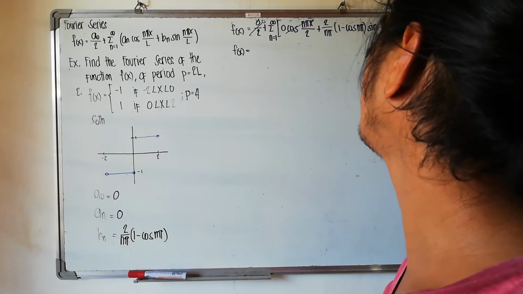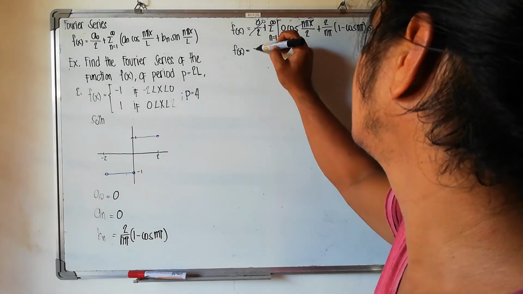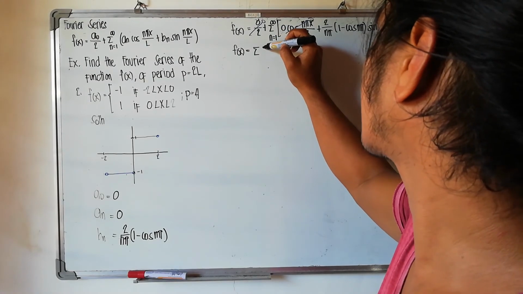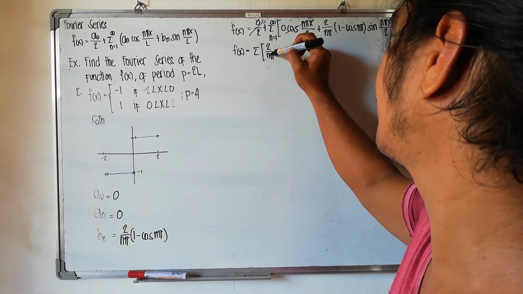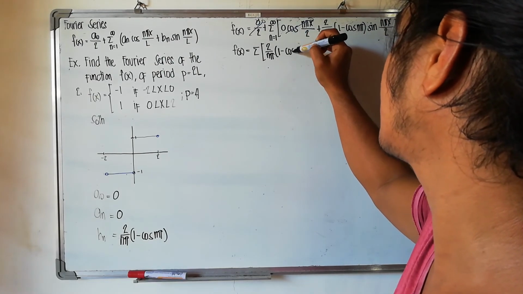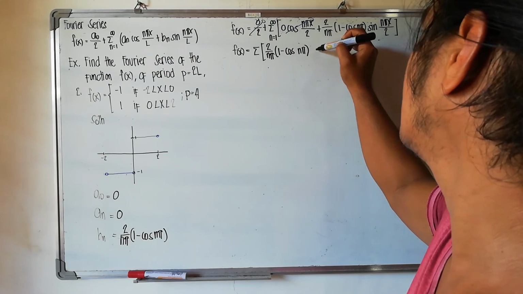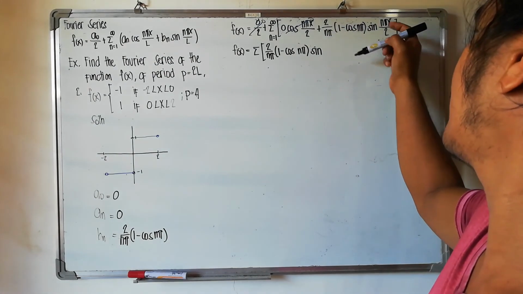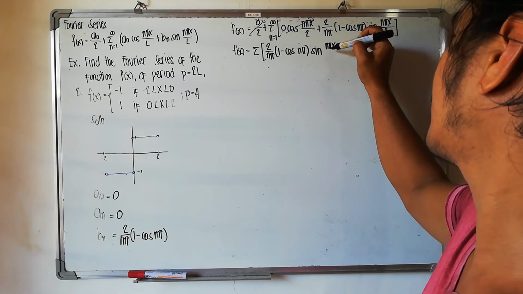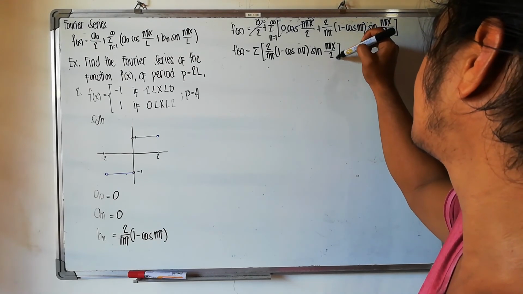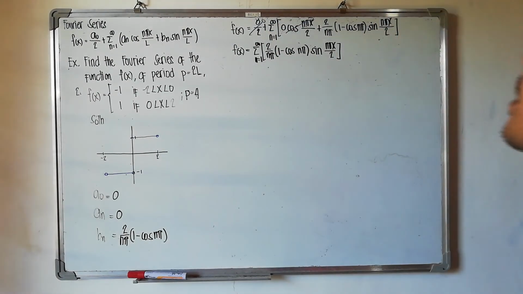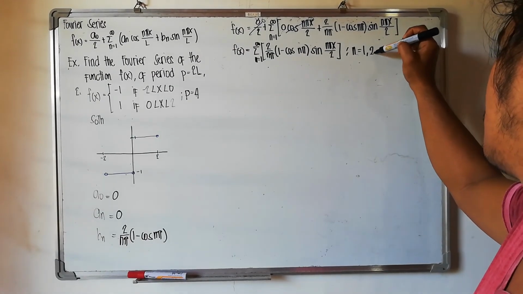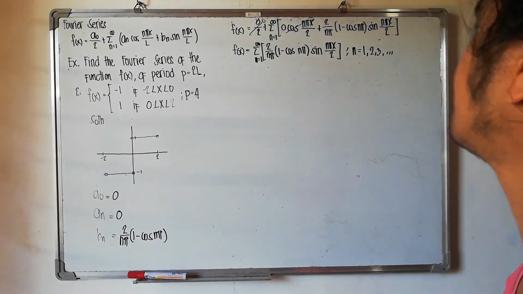So the remaining term would be the summation of 2 over n pi times 1 minus cosine n pi times sine n pi x over 2 when your n is equal from 1 to infinity. So let's say we have n is equal to 1, 2, and 3, and so on.